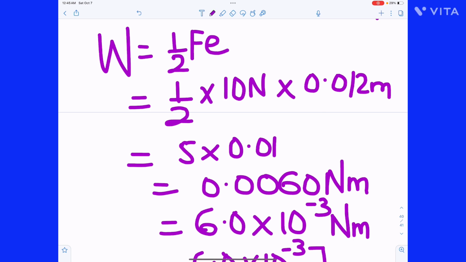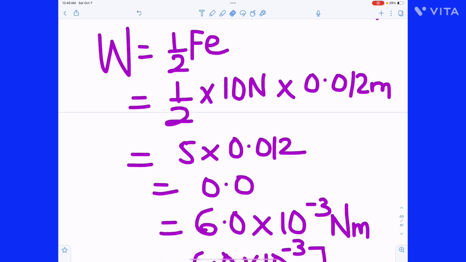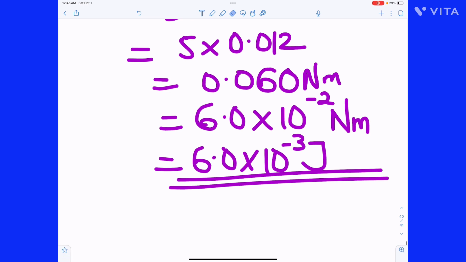So 0.012, and that gives 0.06. That gives me 0.060 newton meters, which is 6.0 times 10 raised to the power minus 2 joules.